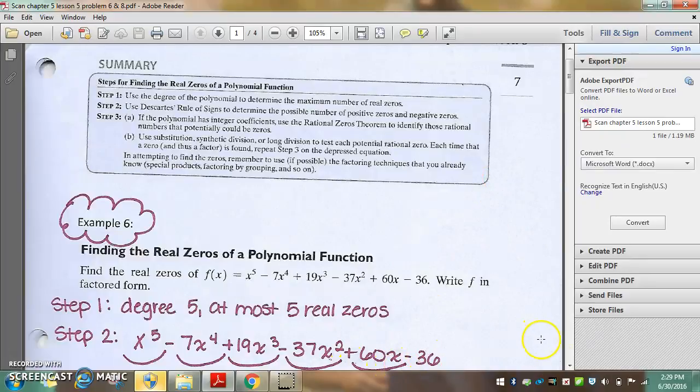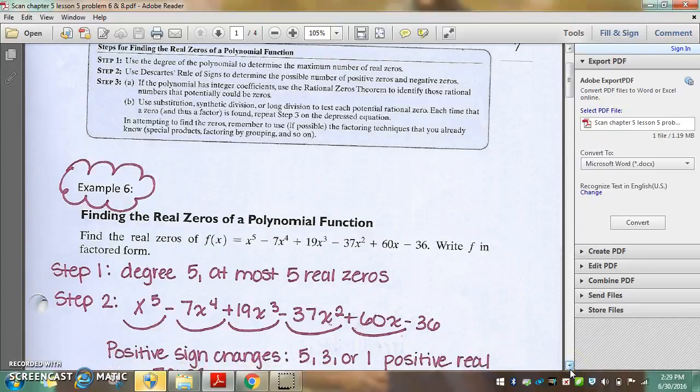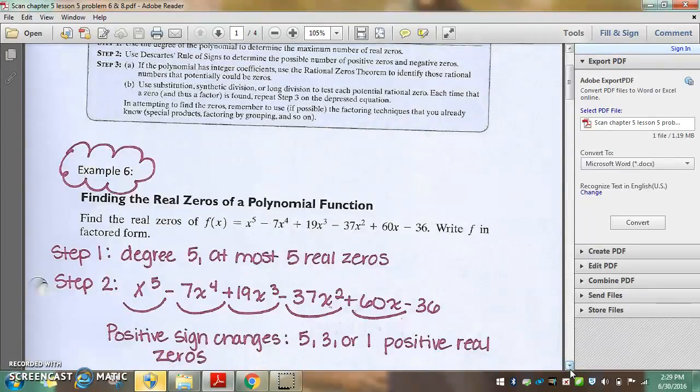So remember, Descartes' rule says that you could have 5, you could have 3, or you could have 1 positive real zero. Now, Descartes' rule also tells us how to find the possible negative real zeros.